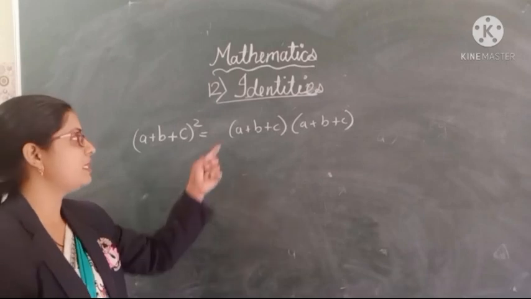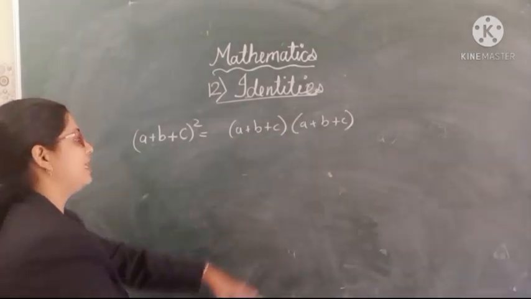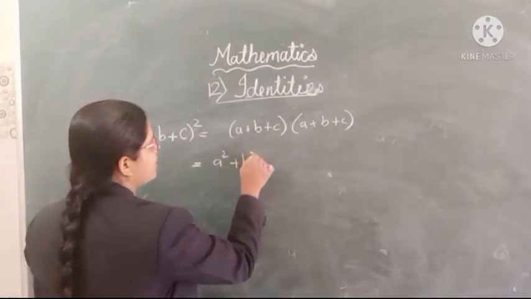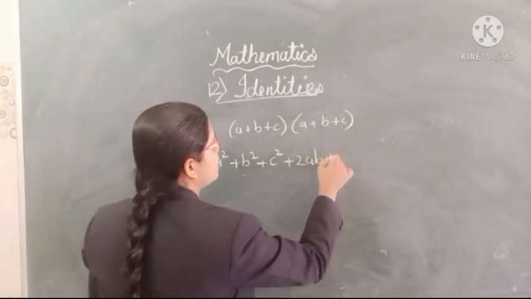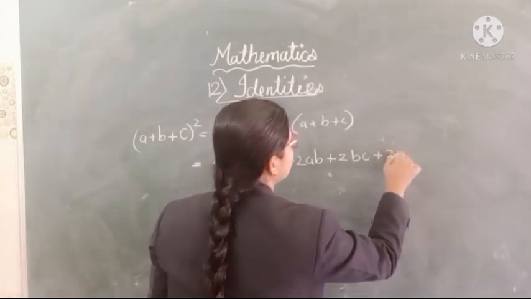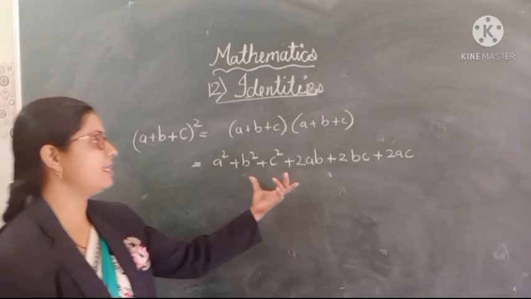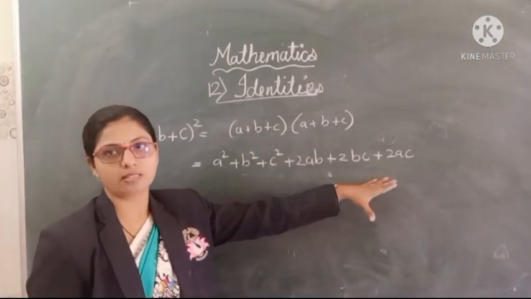In the same way you have to multiply each term to the whole bracket. After multiplying, you will get the answer as a square plus b square plus c square plus 2ab plus 2bc plus 2ac. So this is one identity. If you go for the solution, the answer you will get is this.